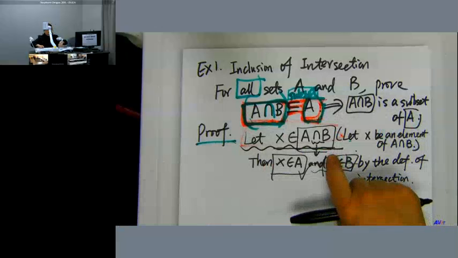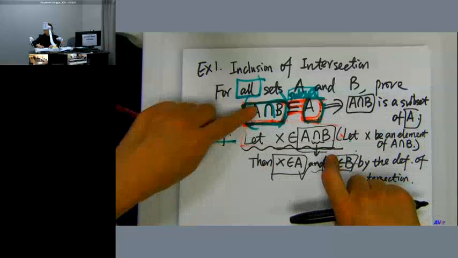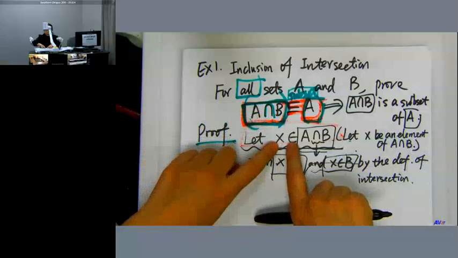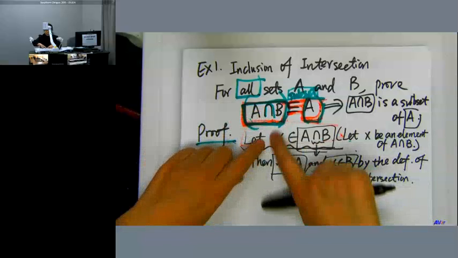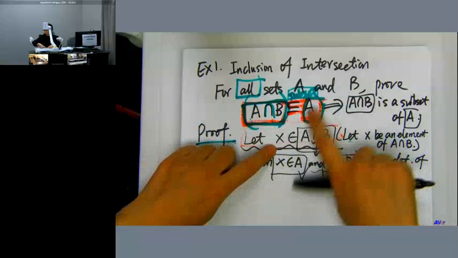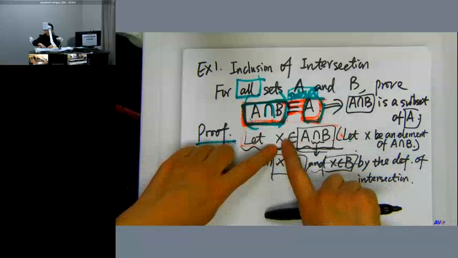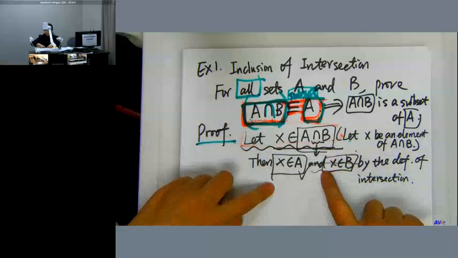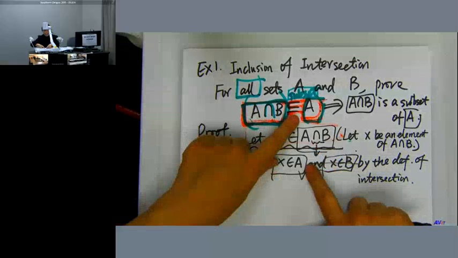Because I need to prove every element of A and B is in A. I call it X. X is the element of A and B. I need to prove this X is also in A, right? So that's why I start with element X from A and B, and my final goal is to show X is also in A. Okay? Is that clear?